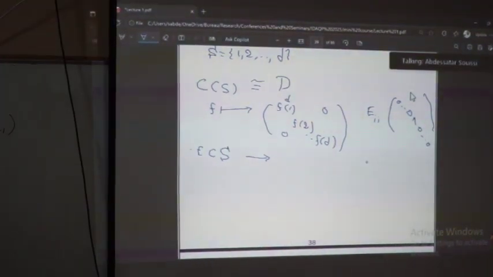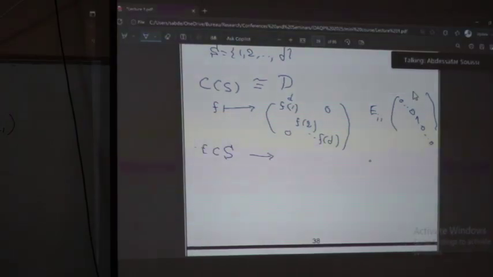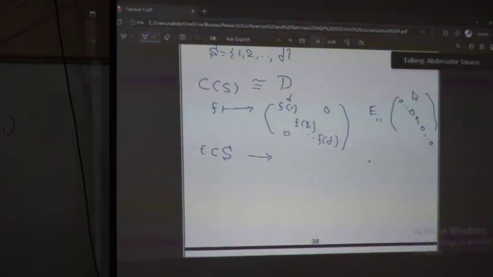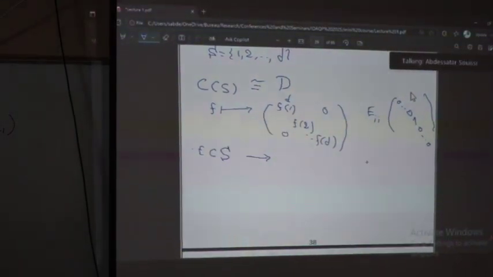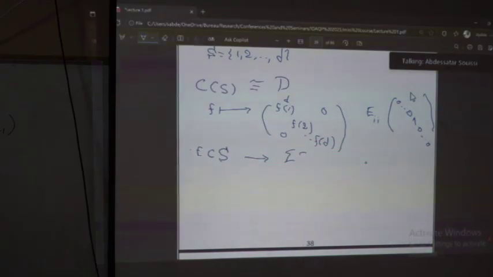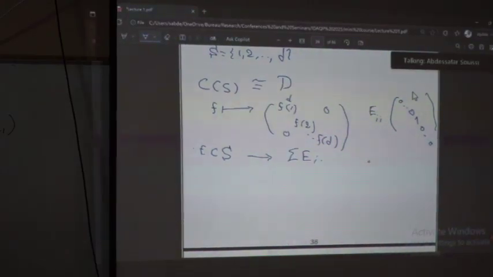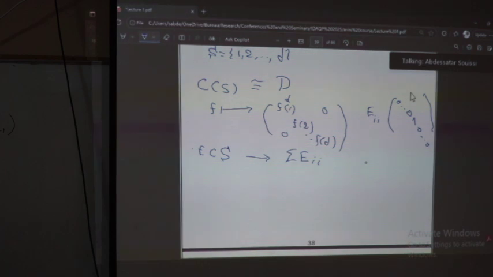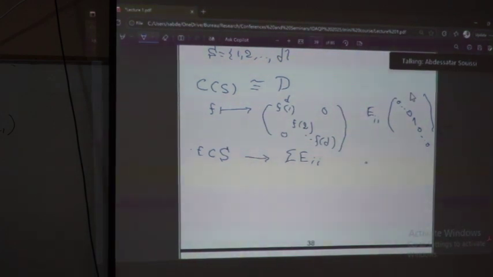Then we can see that E is considered to be like this sum of matrices.